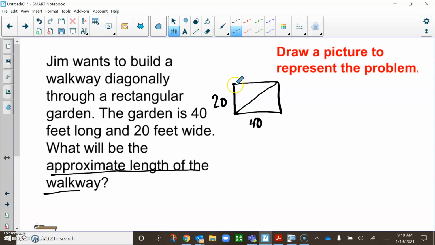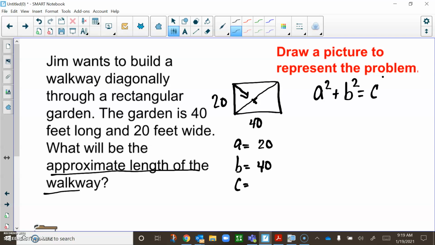Okay, if I draw my arrow, it's pointing to the hypotenuse. So I know I'm looking for C because there is no number there. Okay, so I draw A, B, and C. You can also fill out your table. Have 20, 40, and we're looking for C. My formula is A squared plus B squared is equal to C squared.